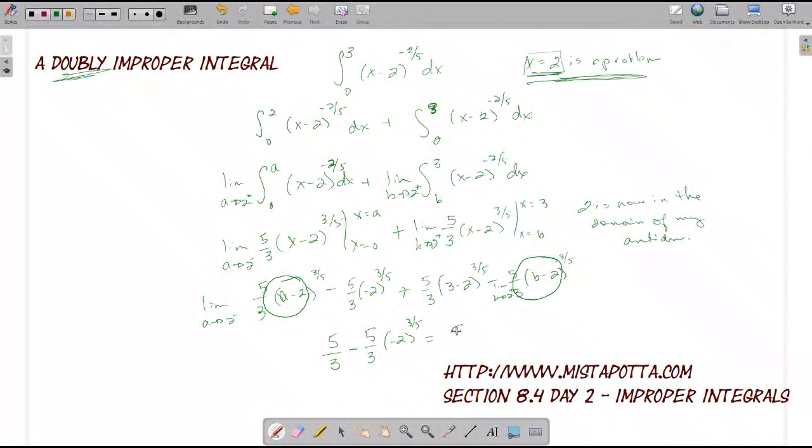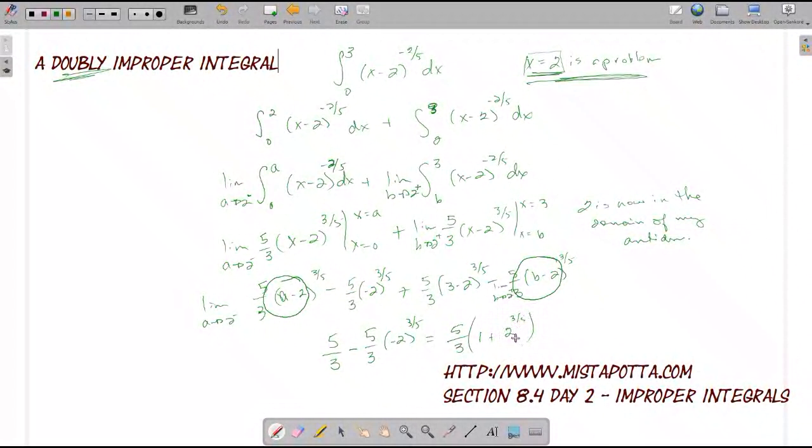And of course I can factor out a 5/3, but more than that, I can take this negative out because it's an odd power. And this actually ends up being 1 plus 2 to the 3/5 power.